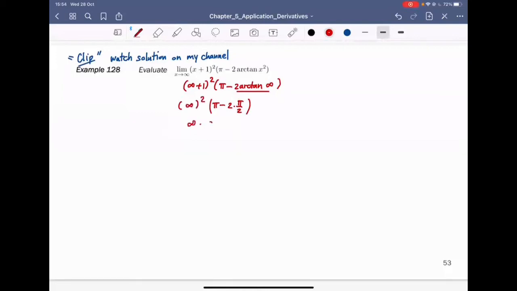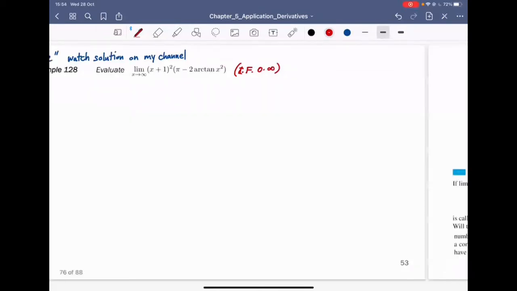It's actually indeterminate form 0 times infinity, and we can solve this by swapping it to 0 over 0 or infinity over infinity. If you want to try it at home, try it and check the solution online on my channel.